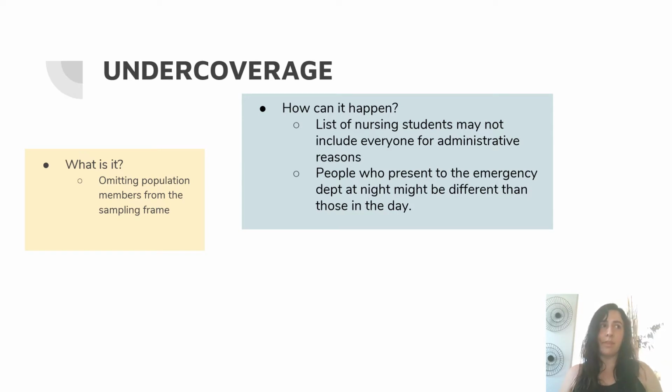Or the shift nurses during the daytime are probably going to be different from the ones at night, so you're not going to get a full 24 hours unless you're very focused on including those people. You have to know or figure out the ways in which people can get omitted from your sampling frame and find ways to prevent that from happening.